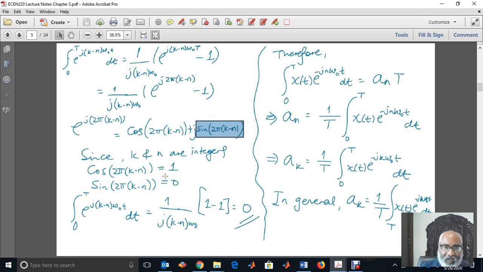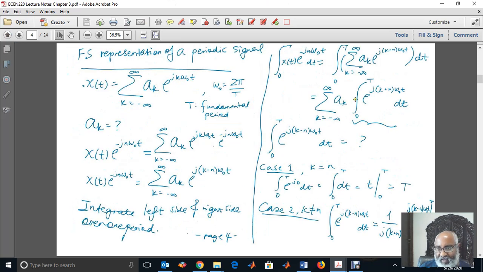So for k different from n, the value at the upper limit is 1, and 1 minus 1 is 0. So for k different from n, the integration will be 0.